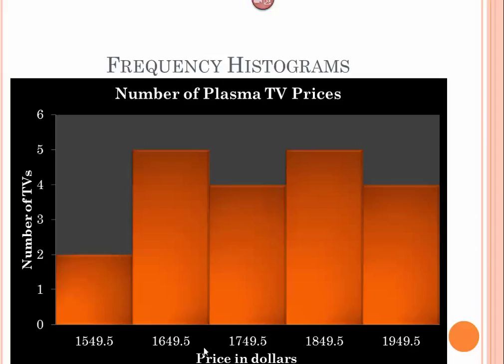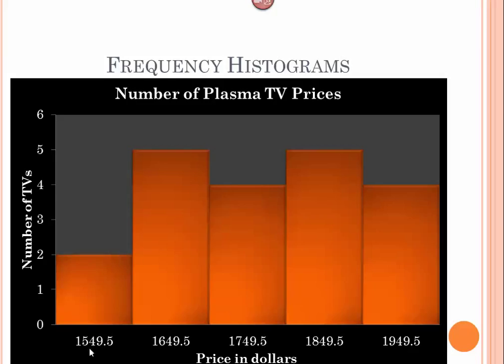Now the midpoint is helpful because once we've put these numbers into the histogram, we have no idea what the individual numbers were. They kind of get lost in these bars. So if I do not have access to the original data, this midpoint is an estimate of the values within this category. Now, how did we get this number?